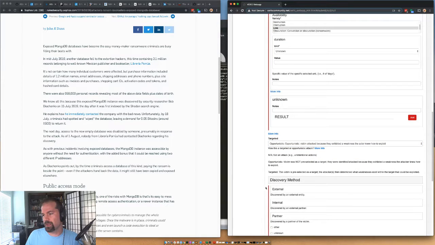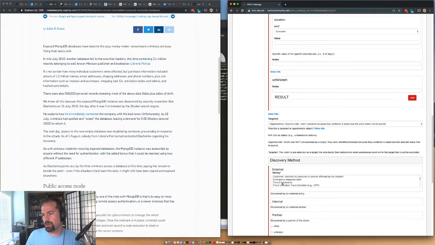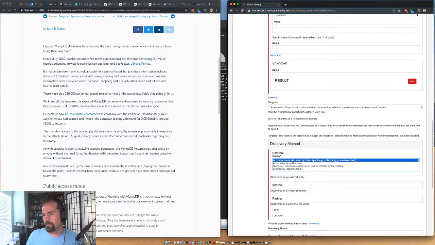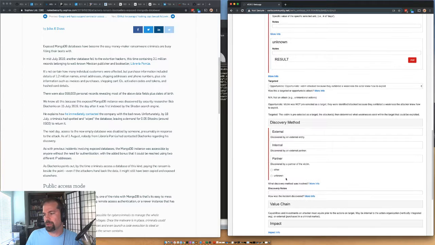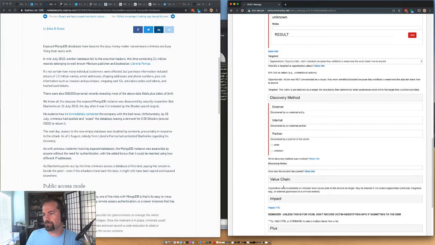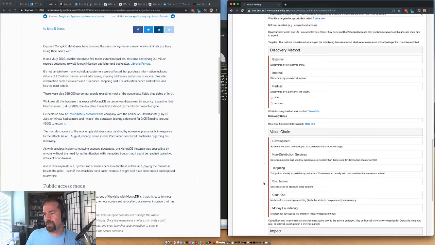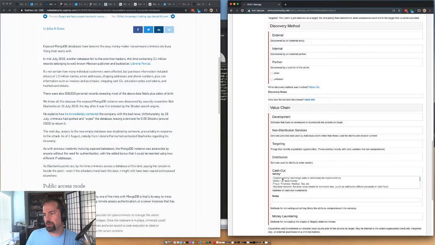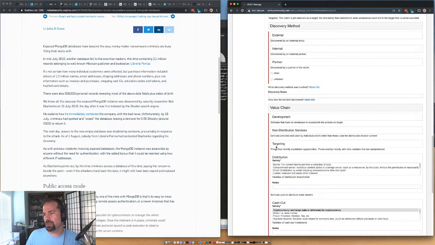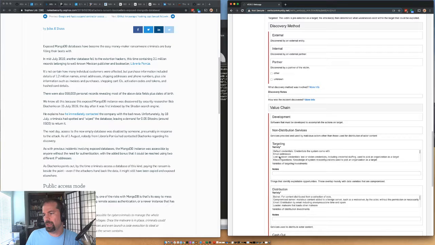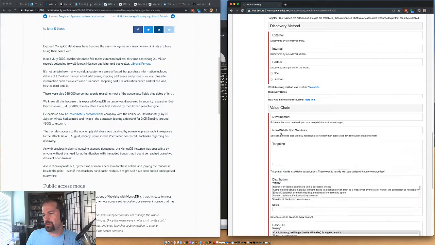Clearly opportunistic. Discovery method, again, this was discovered internally, and so this was disclosed by the threat actor, even though the security researcher discovered it. Internal partner, value chain, cash out was going to be cryptocurrency, targeting misconfigurations.